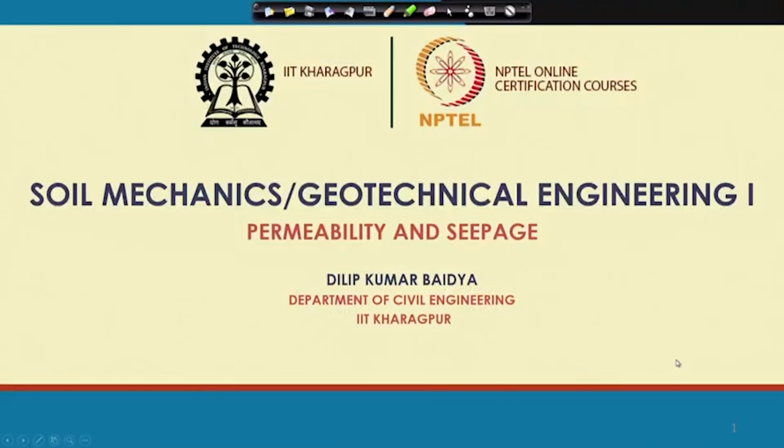So, various aspects of permeability we have discussed: how to determine the coefficient of permeability for different cases, how to determine equivalent permeability, how to determine it in the field, how to determine it in the laboratory. Now, when flow is taking place through the soil, we have to know what law it follows and what path it takes.